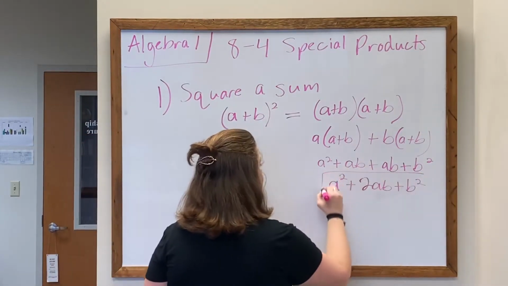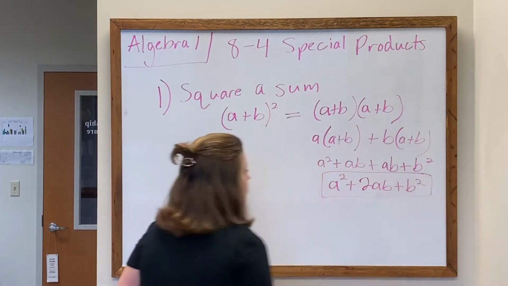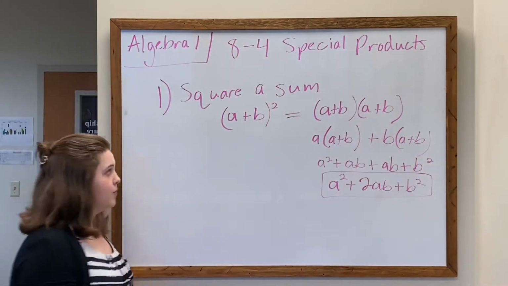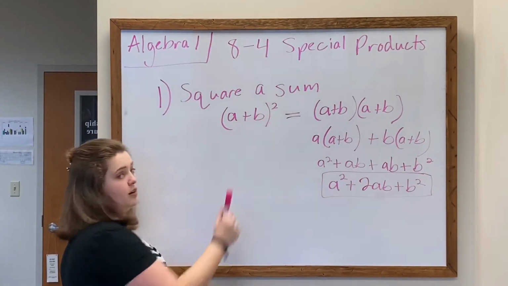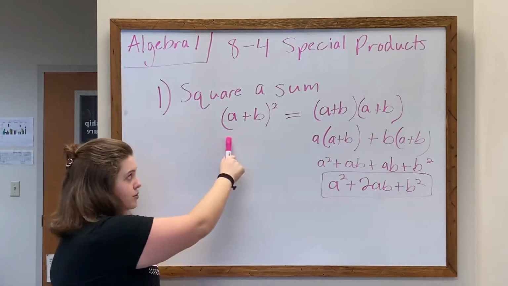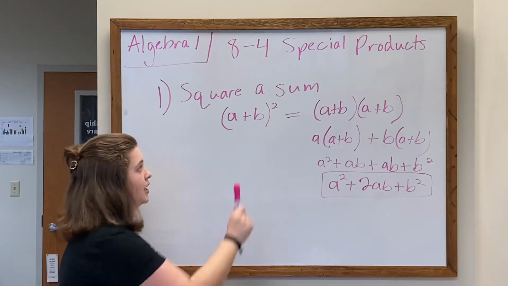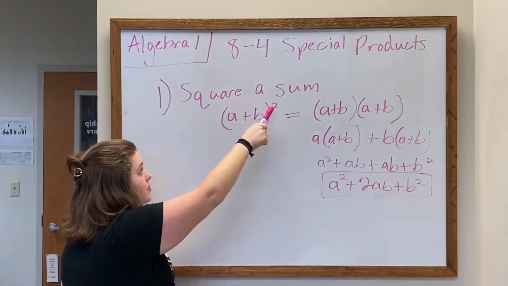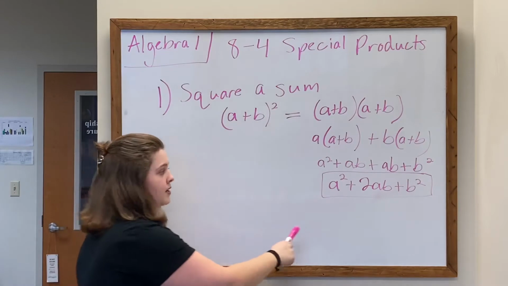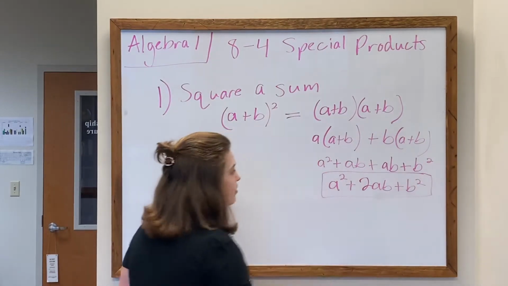This equation is the form for every (a plus b) squared. So no matter what numbers or variables are in for a and b, you can know that if we have a sum squared, this is what it's going to look like at the end.